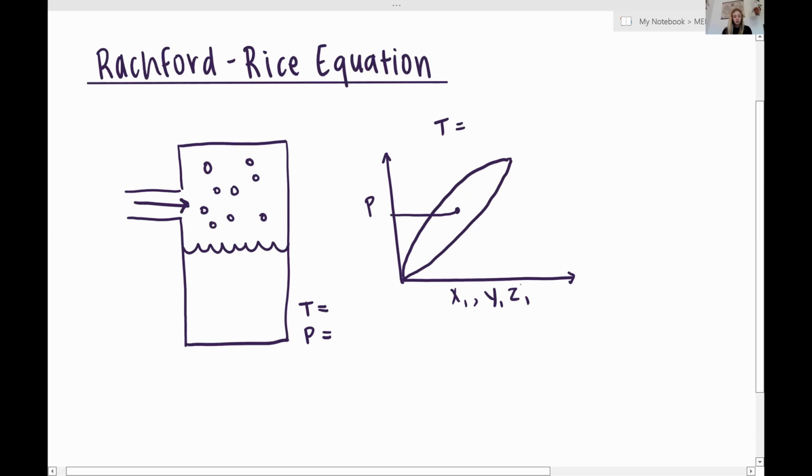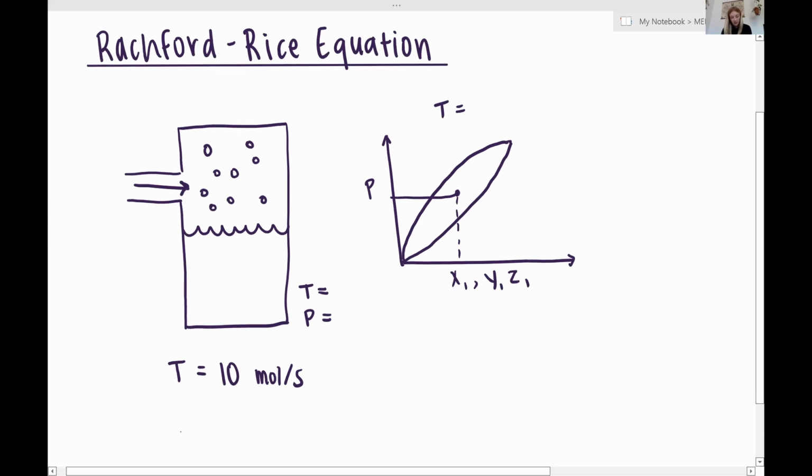And if we were to have some total amount of feed coming into our container, so if our total amount coming in was 10 moles per second, then we can look at this on our plot, draw a little line down here, and see that at 10 moles per second, we could say that the mole fraction of benzene of the feed at the start would be 0.4.